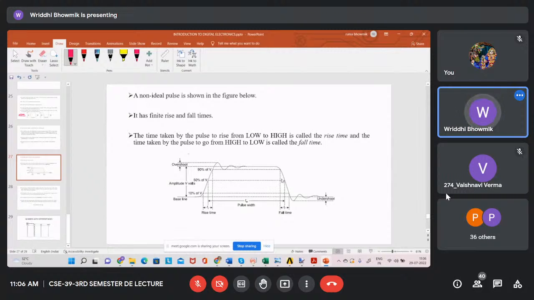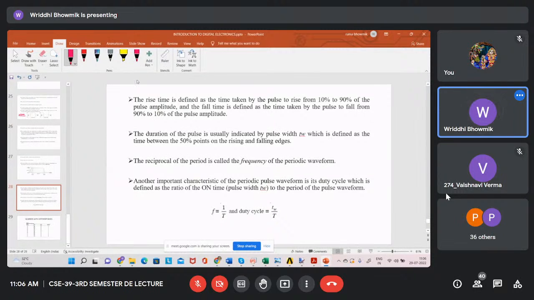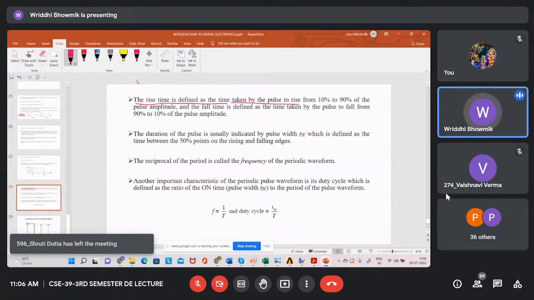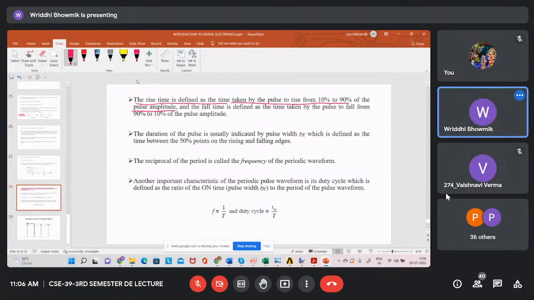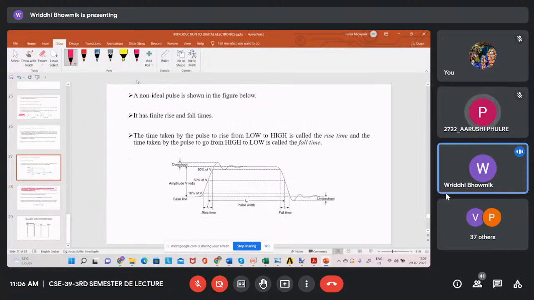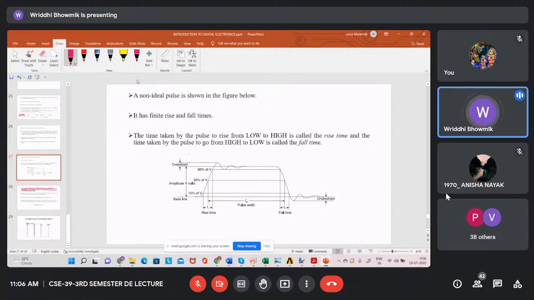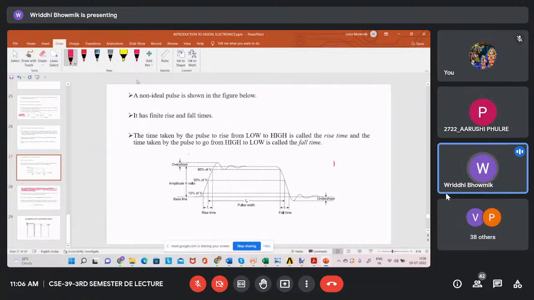So you see, the rise time is defined as the time taken by the pulse to rise from 10% to 90% of the pulse amplitude, and the fall time is defined as the time taken by the pulse to fall from 90% to 10% of the pulse amplitude. So what does it mean? If you see this pulse shape, it is the practical pulse.